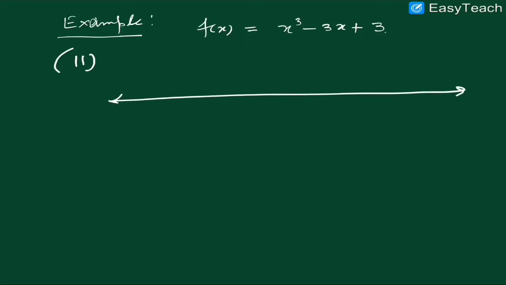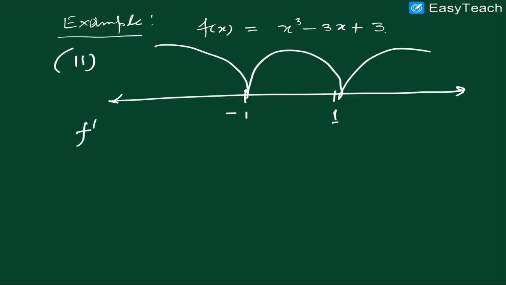In the second step, divide the real number line at the points minus 1 and 1, like that. Now check the sign of f dash x equal to 3 into (x minus 1)(x plus 1) before the point minus 1.